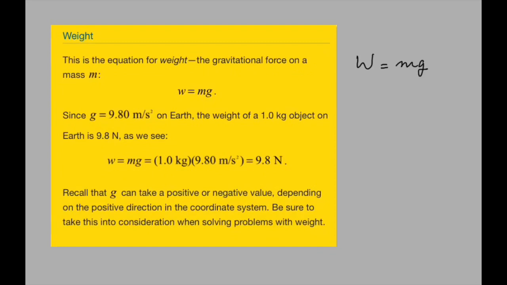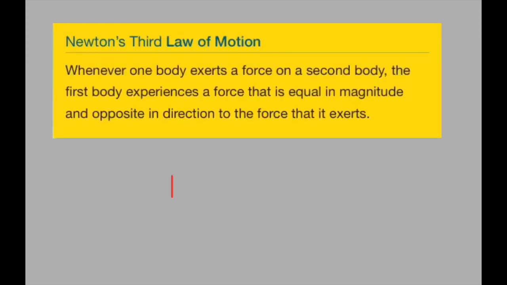If you have a mass of 2 kilograms, its weight is going to be 19.6 newtons. So weight is the force of gravity. That means if you take an object to another planet, its mass is not going to change, but its weight will change, since the acceleration due to gravity on different planets is different. So mass is a constant, weight changes from place to place.